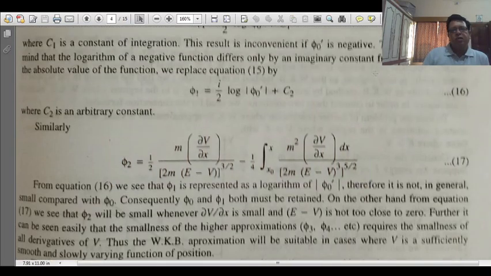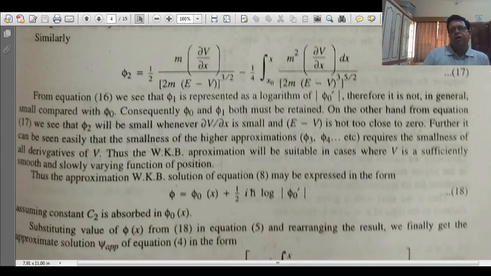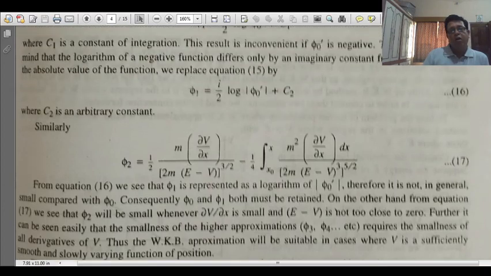Now from equation 16, we see that phi 1 is represented in terms of the logarithm of phi 0 dash. Therefore, it is not in general small compared to phi 0.